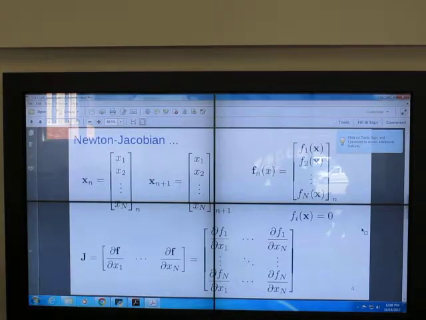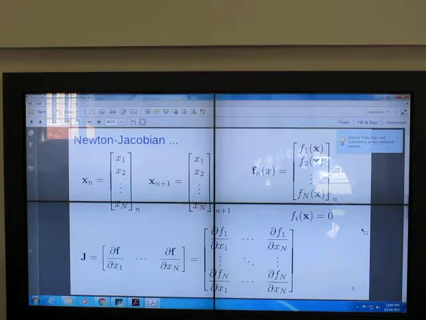I should put it in the exam. Okay, you need to memorize a little bit. J is n by n. Okay, we have df1. First row is just f1, second row f2, third row, last row n will be fn.